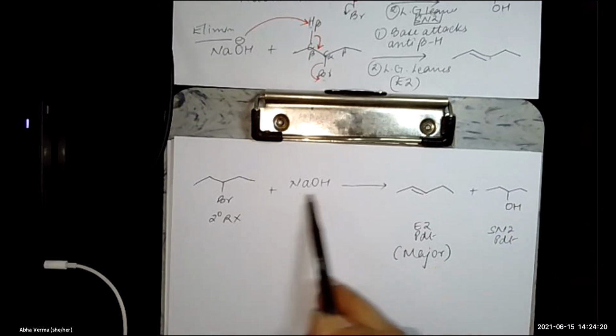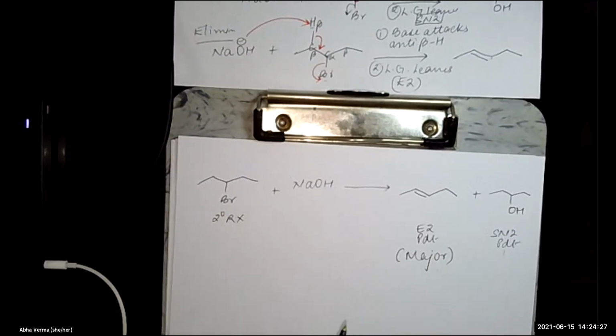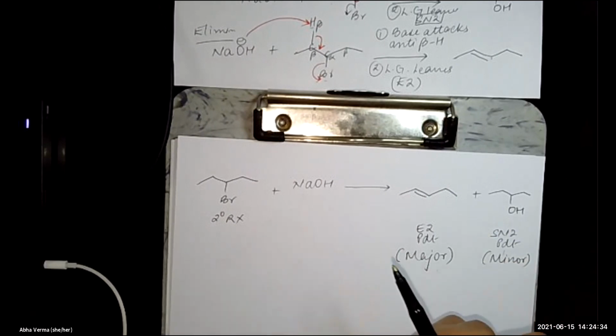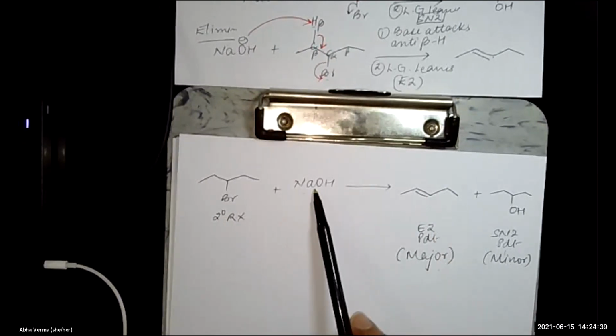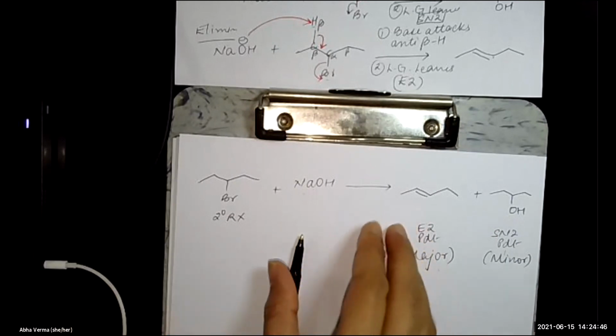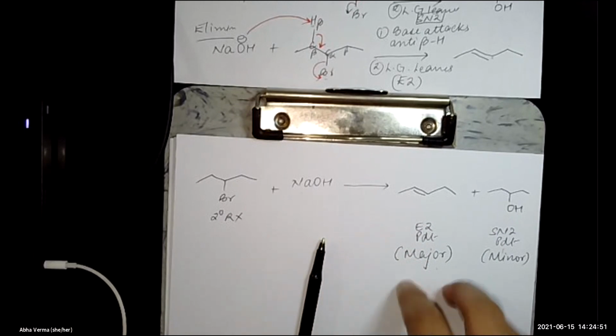Why? Because SN2 will not want a secondary substrate, but it can still do it. So the SN2 product is going to be your minor product. Sodium hydroxide will be our base and it can also act as a nucleophile. So I want you to go back and look in module 7 where we had listed what can act as a nucleophile, what can act as a base only, and what can act as both base and a nucleophile.